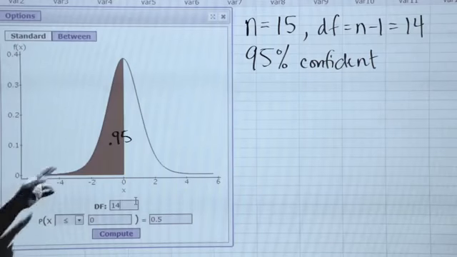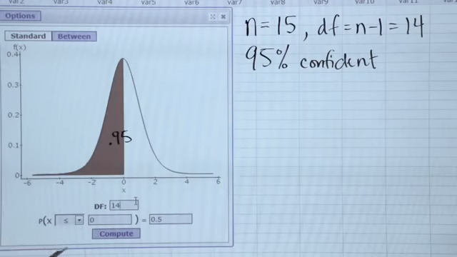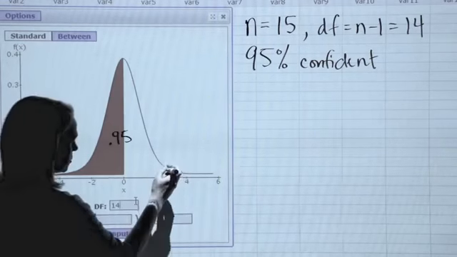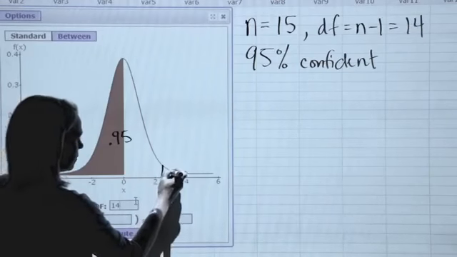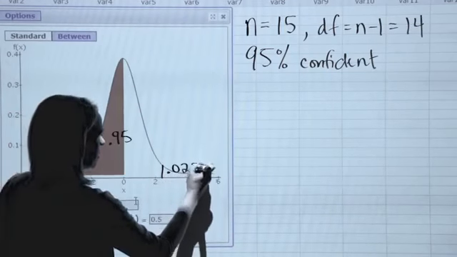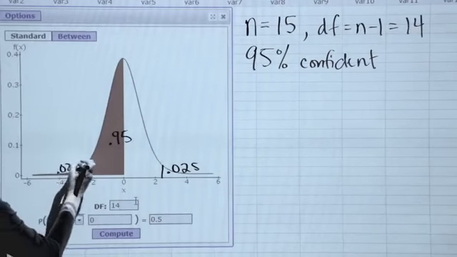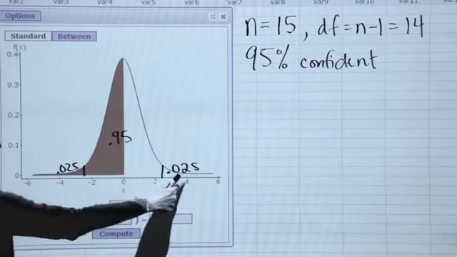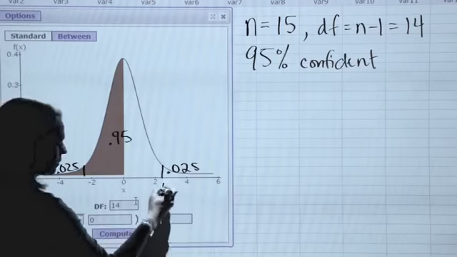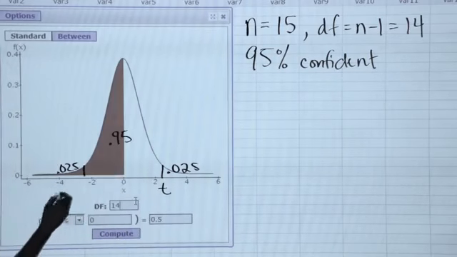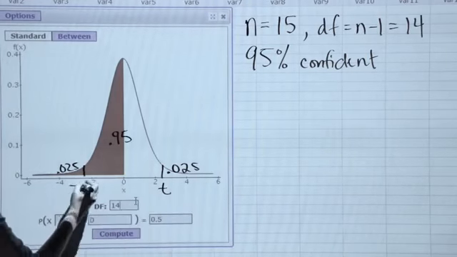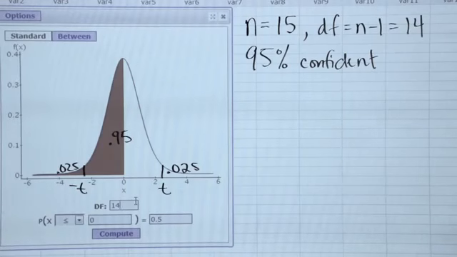That'll leave an area for each tail of 0.025. So I'm going to approximate where I think this is going to be. The area in each of those tails is 0.025. I'm looking for that critical t-value right there. Whatever that is, this is the same value, just the negative.